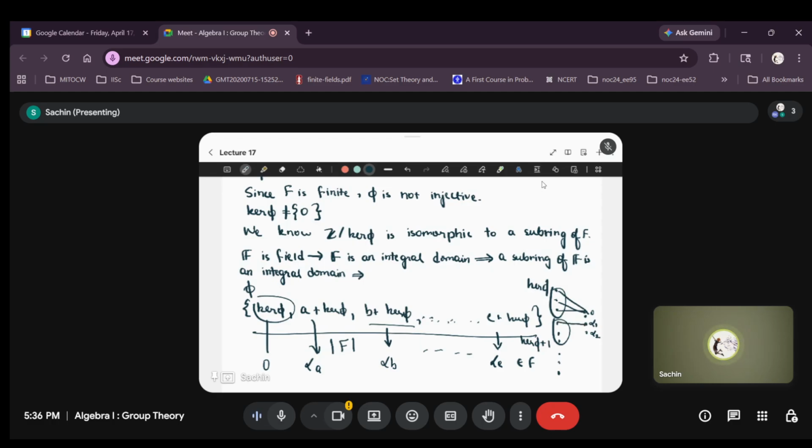All these elements go to alpha 1. This will be kernel phi plus 2. All these elements go to alpha 2. So you can split the domain into partitions so that there are exactly cardinality of F number of partitions.